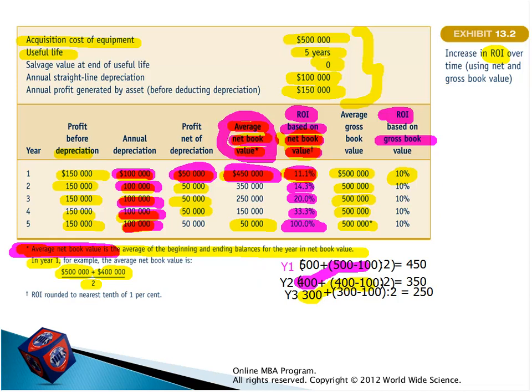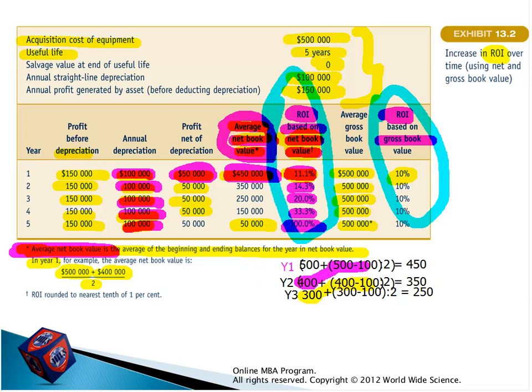This is return based on gross book value or return on net book value. And the companies can choose one of the methods to make the calculation based on gross book value or net book value.